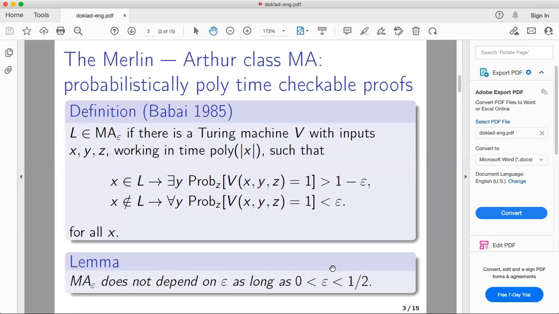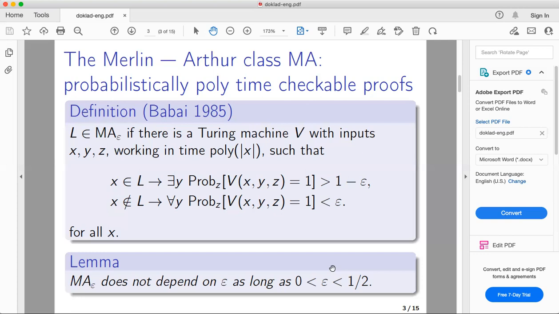So why is this class called the Merlin-Arthur class? Because we consider here the following scenario. We understand the proof checker as a king, as a fictitious hero, King Arthur, and Merlin is a wizard in the court of King Arthur.